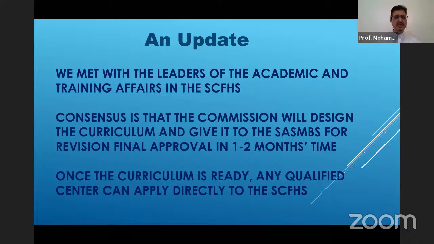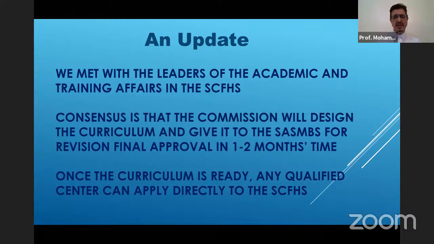So the consensus after a lengthy discussion is that the commission will design the curriculum based on their own expertise and give to the SASMBS the curriculum and the program for revision and final approval in about 1 to 2 months' time.